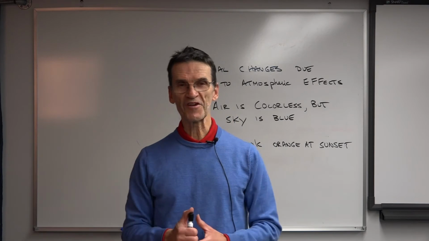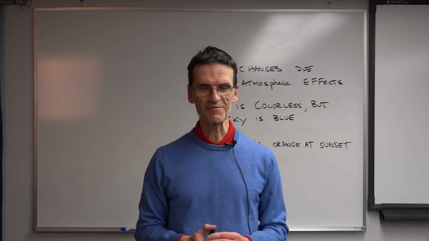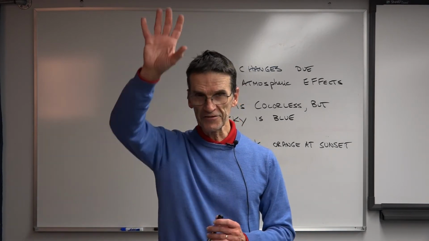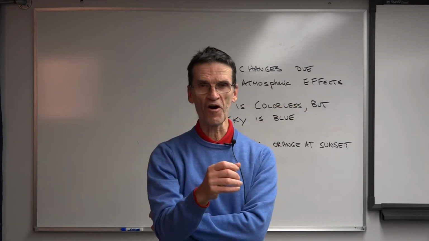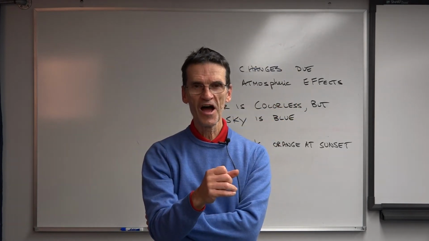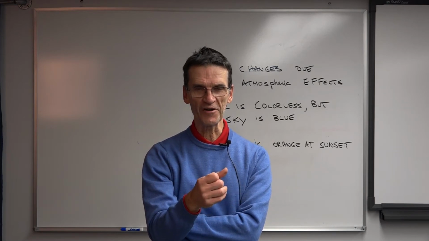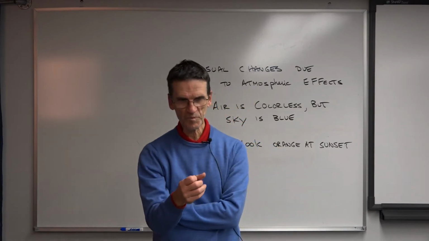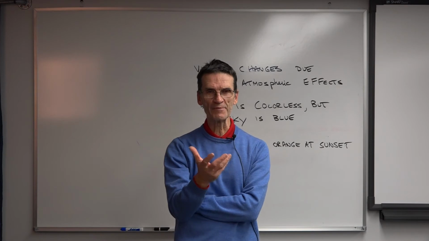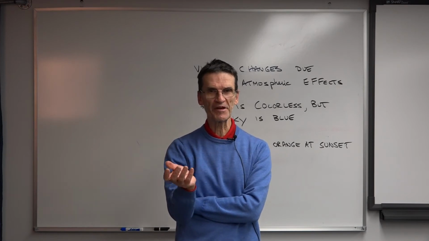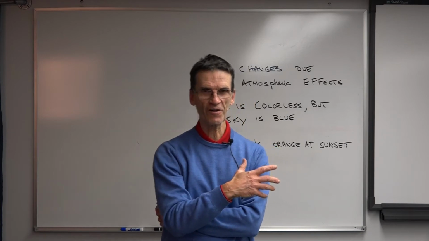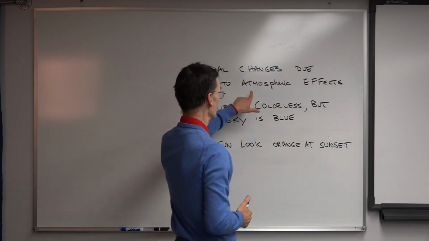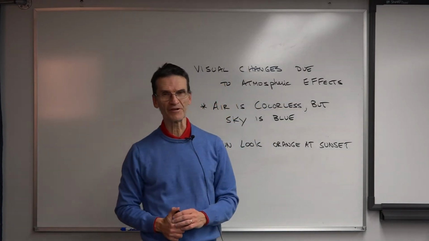So you could be outside in the summer, you could be at the beach, and the sun is setting. As it gets lower in the sky, it looks orange. The sun is not orange. If there was no atmosphere, the sun would basically look white. That orange color is another example of an atmospheric effect.